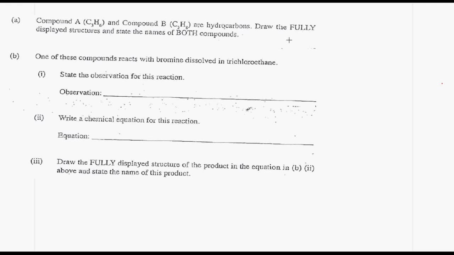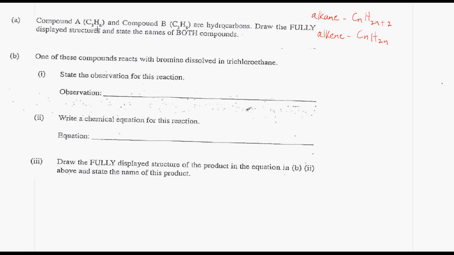Now, we know that the general formula for an alkane is CnH2n plus 2, and the general formula for an alkene is CnH2n.